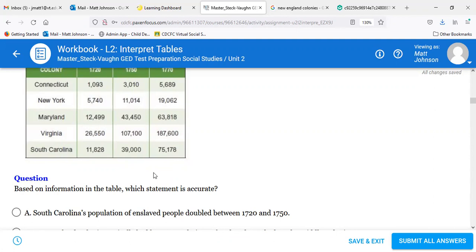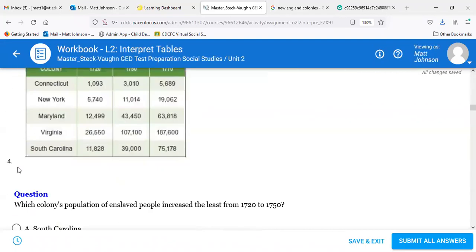So those larger areas where you had the outside labor needed to plant and harvest and tend to those big crops, like tobacco, rice, sugar, eventually cotton, all that. That's where the enslaved population was being worked. So that's just basically where you had your higher population of enslaved people.